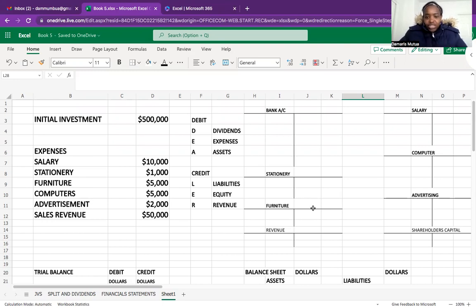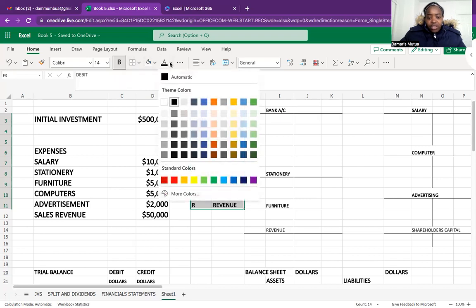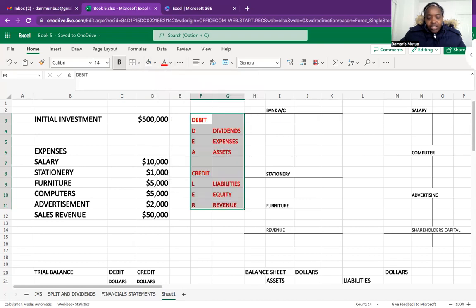You practice doing it, then it sinks in and you're able to remember the whole process. We're going to be using our T accounts from my previous video on journal entries. If you haven't watched it, kindly watch it to understand what a T account is. Very first, we're going to be posting the transactions.